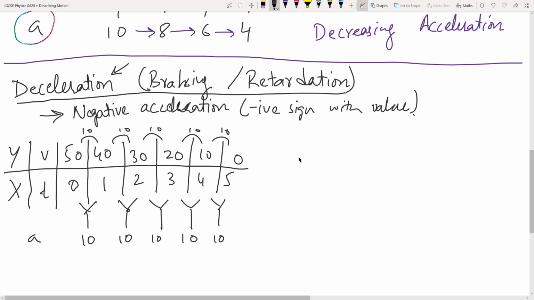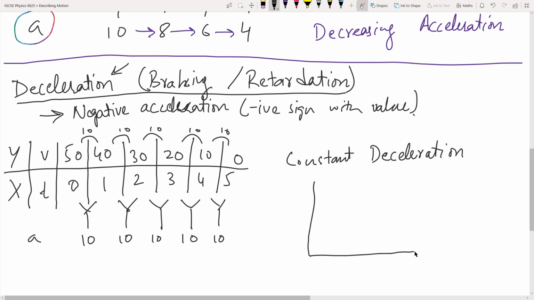So we will call this constant deceleration, and this is also represented as a straight line. But now if we were at a value of 50, let's say 50, 40, 30, 20, 10, and now 0 for the time intervals, the graph is going to appear something like this, right?